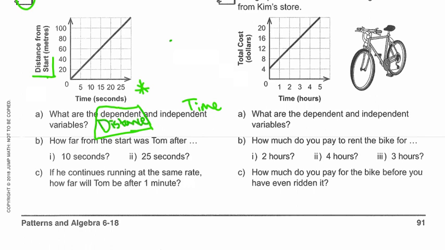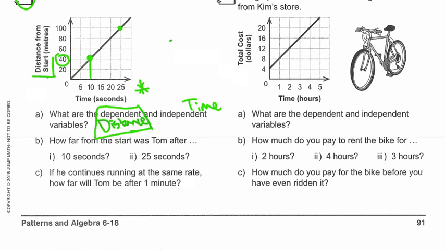How far from the start was Tom after 10 seconds? Well, you go up the chart here to 10 seconds. It looks like he was 40 meters. So you'd answer that. 25 seconds, same thing, go up the chart and look across. If he continues running at the same rate, how far will Tom be after 1 minute?